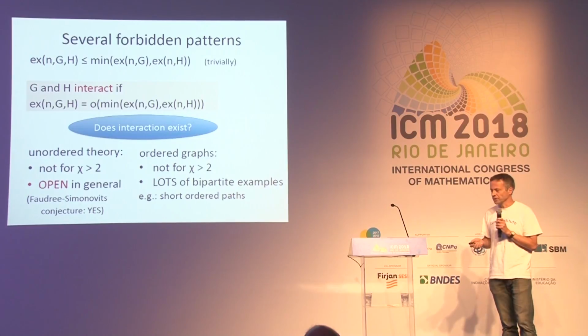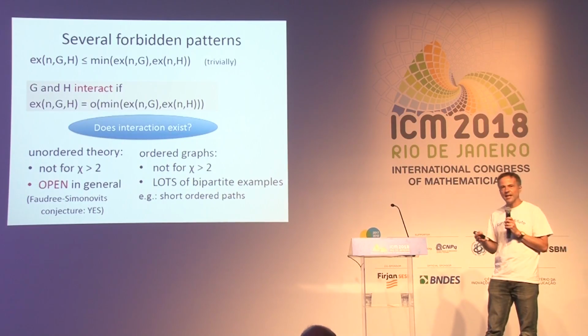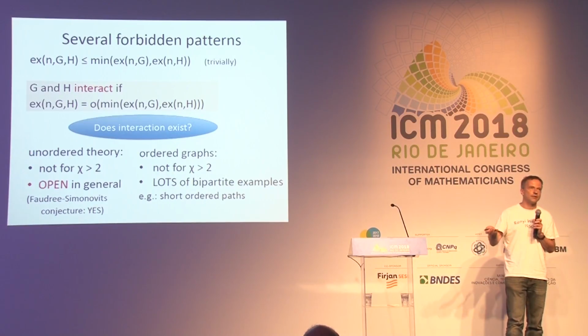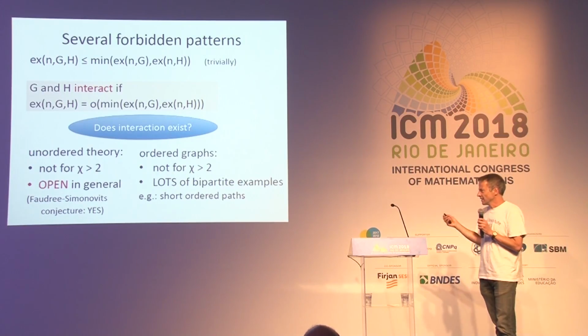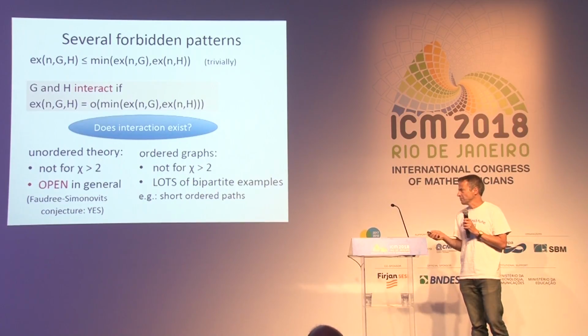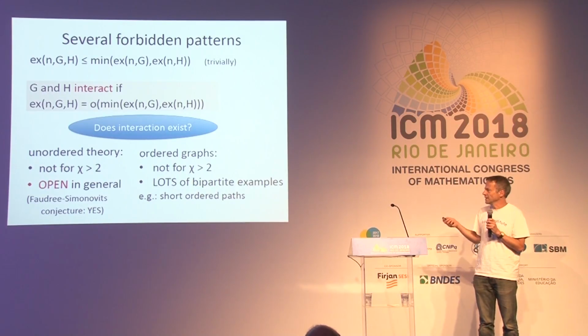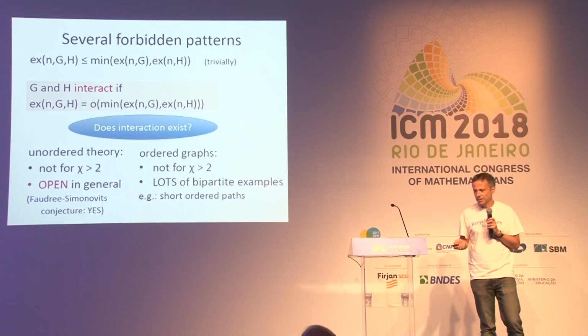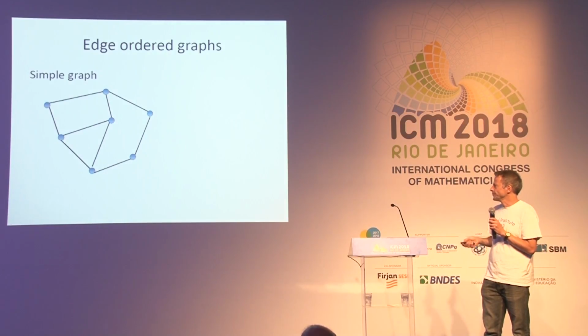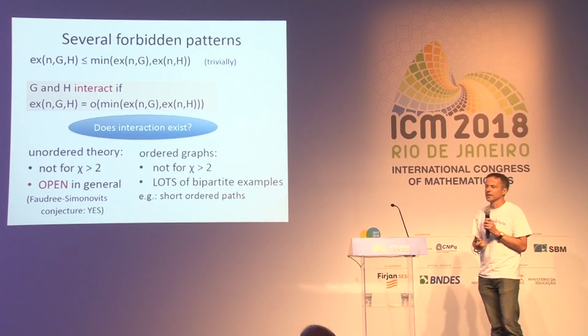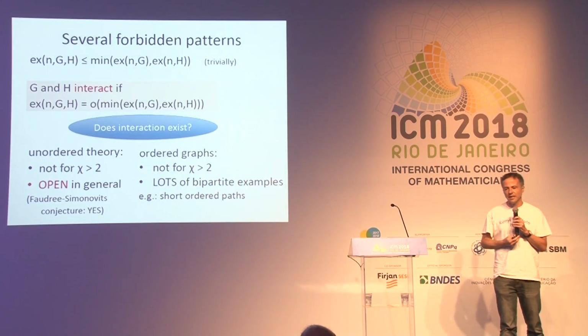But if you forbid both of them, it can be linear, it can be n log n, that's when there is no interaction, but it can be n log n over log n. All of these are possible, and there are lots of these interactions that are interesting to study, and it might be also useful.